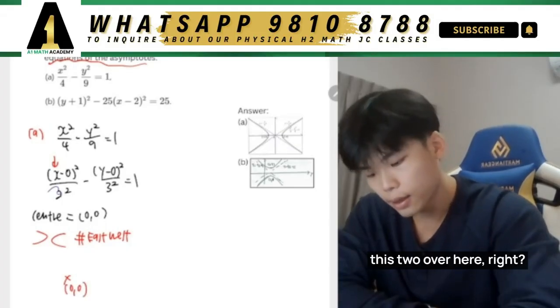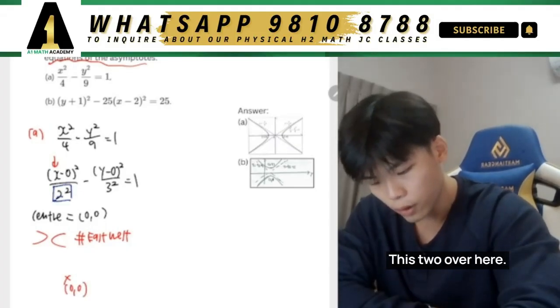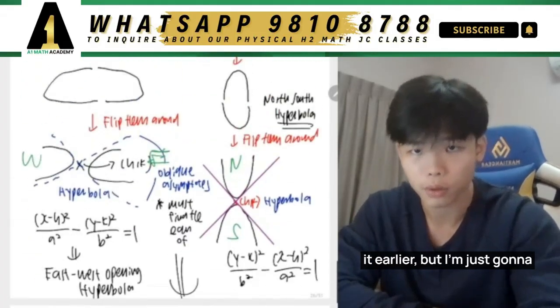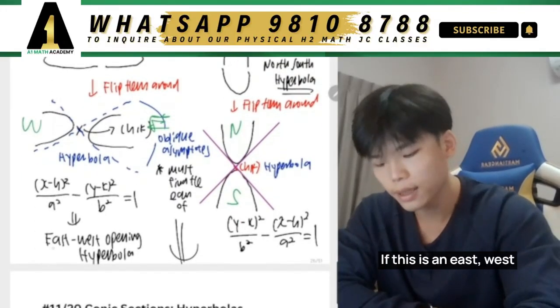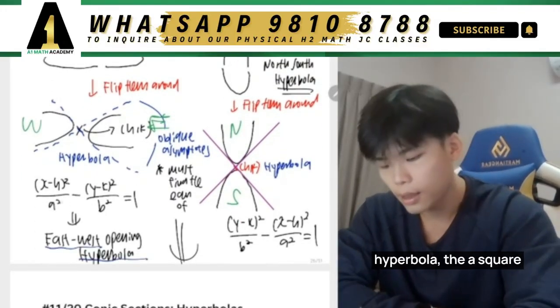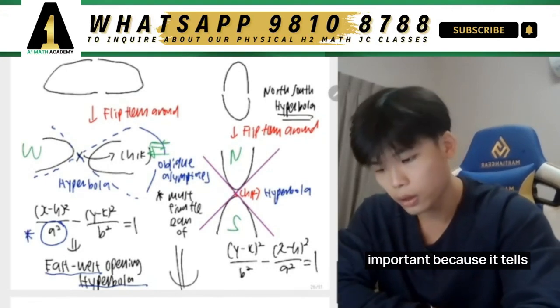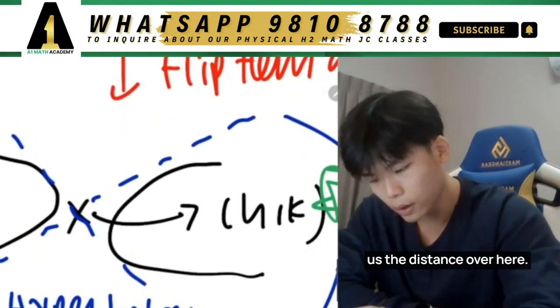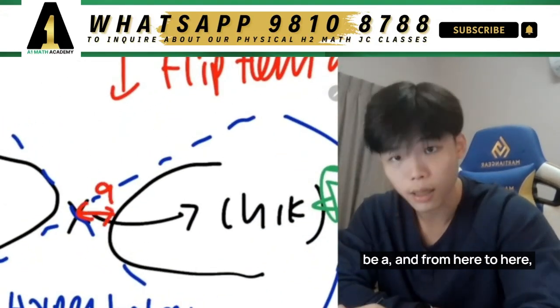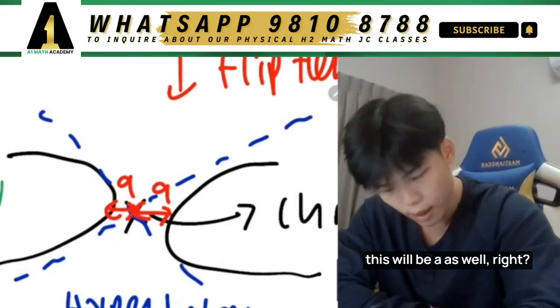And then this 2 over here, not sure if I mentioned it earlier, but I'm just going to add it to the notes here. If this is an east-west hyperbola, the a squared over here is very important because it tells us the distance over here. So from here to here, this will be a, and from here to here, this will be a as well.